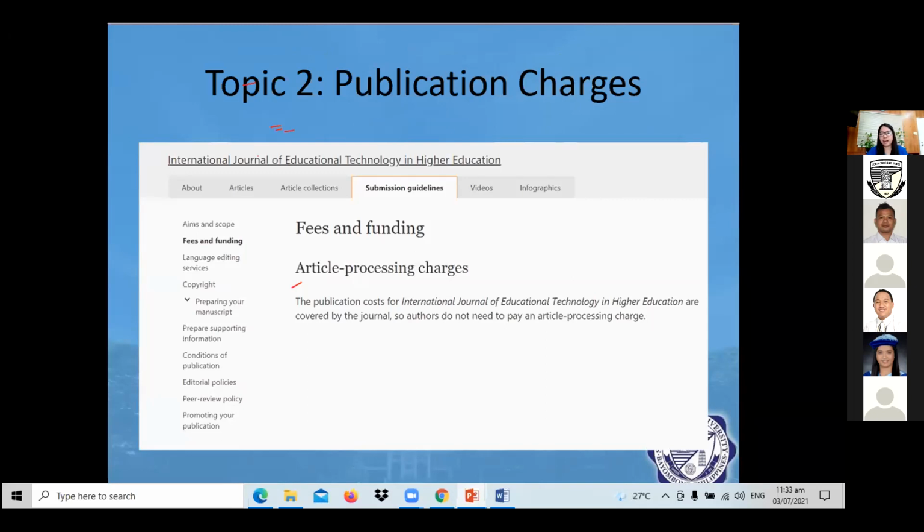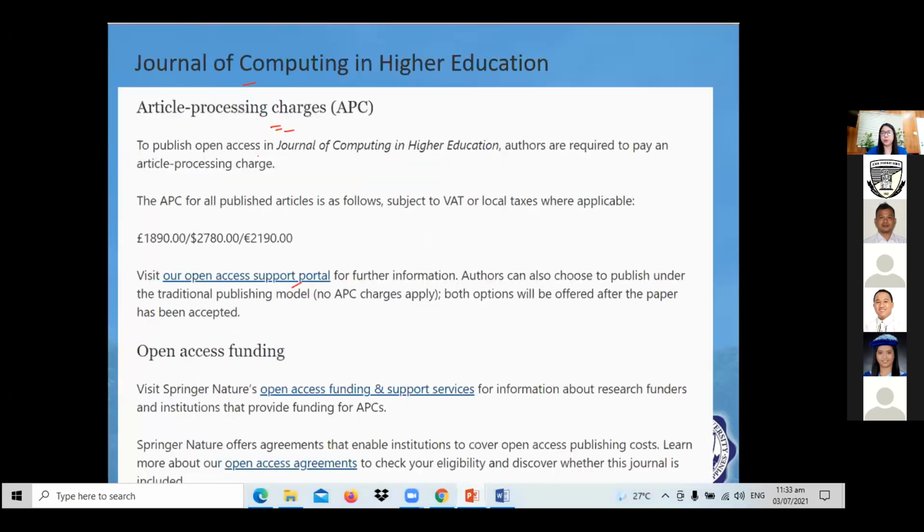So here, International Journal of Educational Technology in Higher Education: the publication costs are covered by the journal, so authors do not need to pay an article processing charge. So it is free.